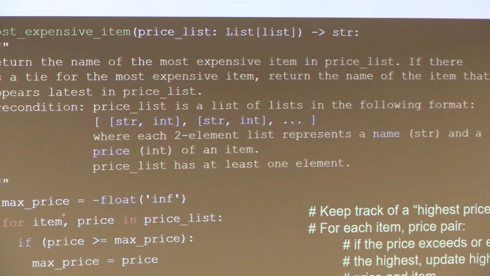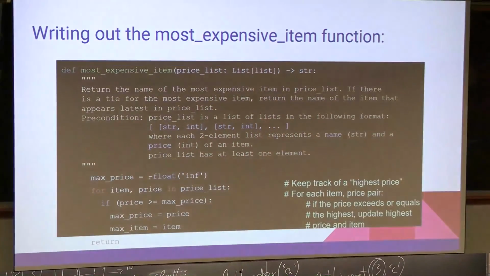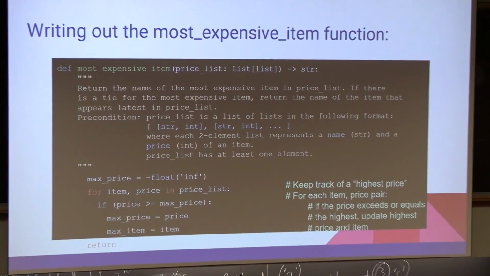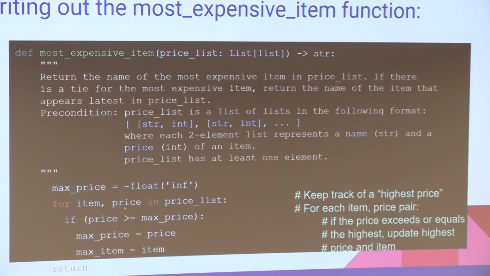Like item, comma, price: item is the first item at 0th index in one value of this price list, and price is the second item at first index. Bit confusing, but if you think twice, you'll get it. You don't have to do this. This is absolutely fine. If you don't get it, no worries, one day before the midterm.